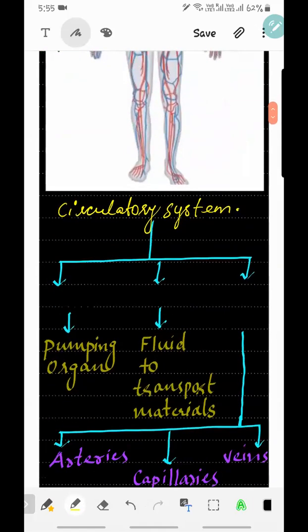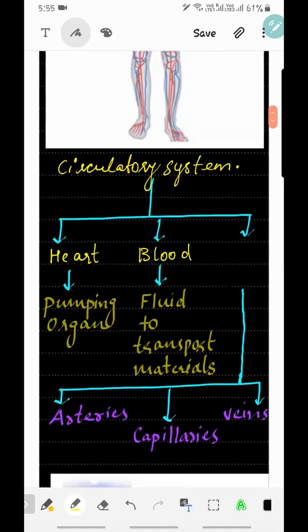Circulatory system has certain parts. One organ is called the heart, blood, and blood vessels. In the circulatory system, there is a heart, one organ which is called the pumping organ.